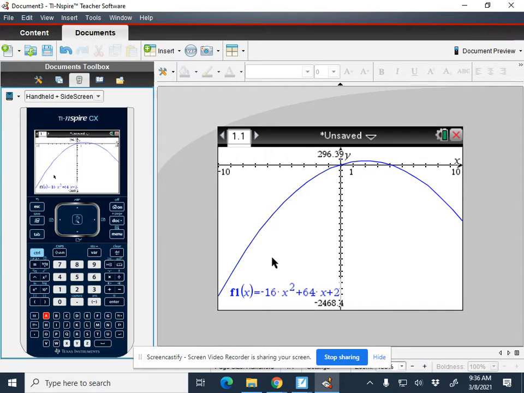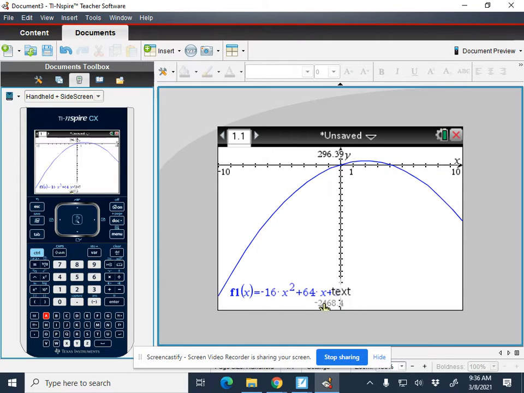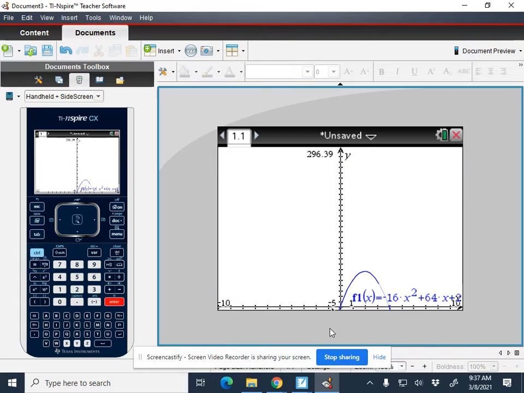Now I'm going to change something. I'm going to have us try something here. You see down here where it says like negative 2400? Can you click into that and back up and delete that? And then try to make that negative 5 and hit enter.